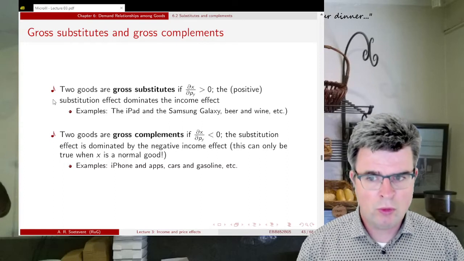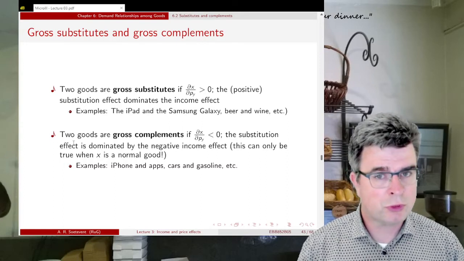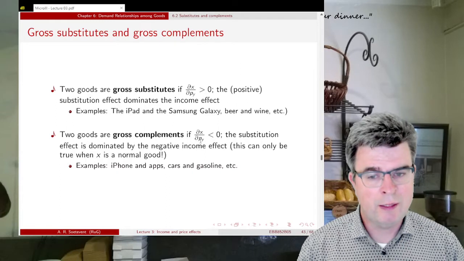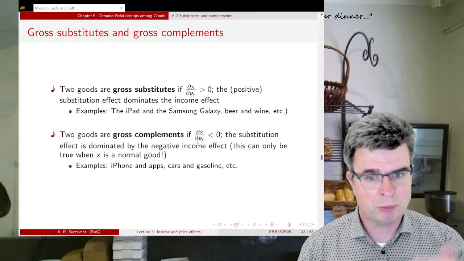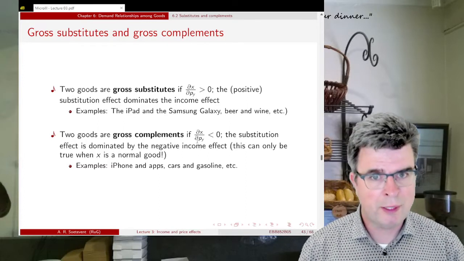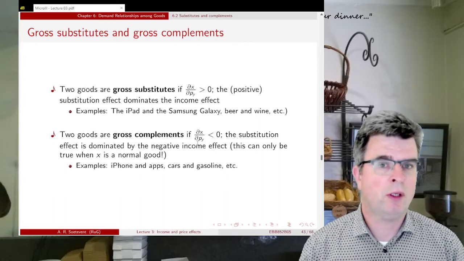And we call two goods gross complements if the price increase of one good leads to a decrease in the consumption of the other good. And that means that in this case, the substitution effect is dominated by the negative income effect.